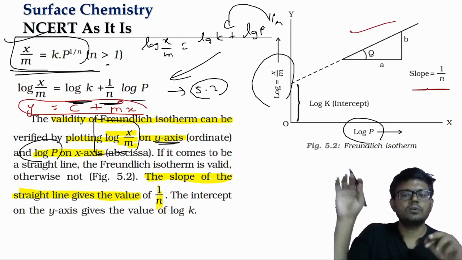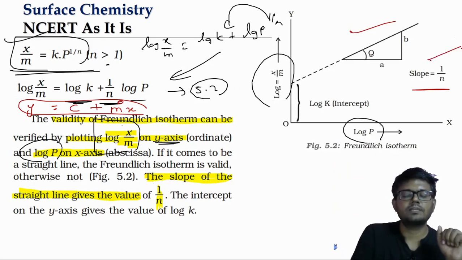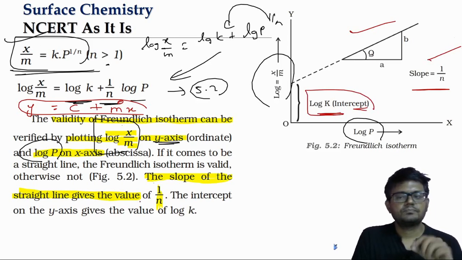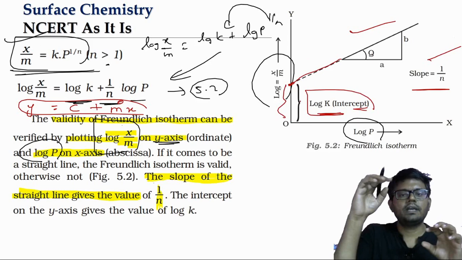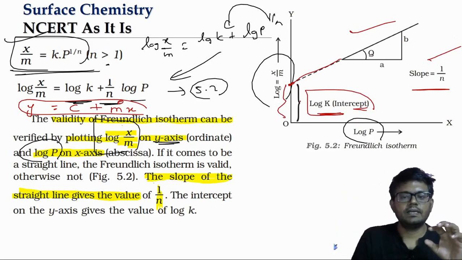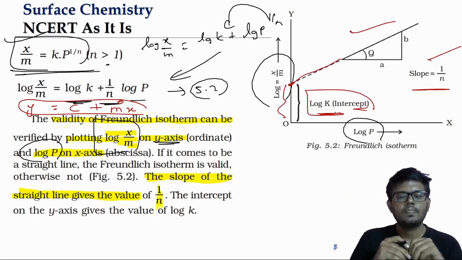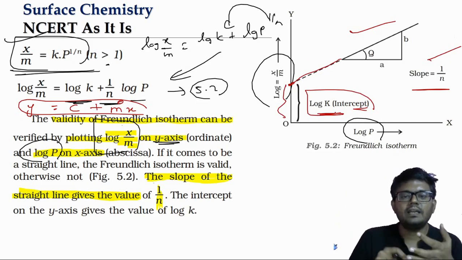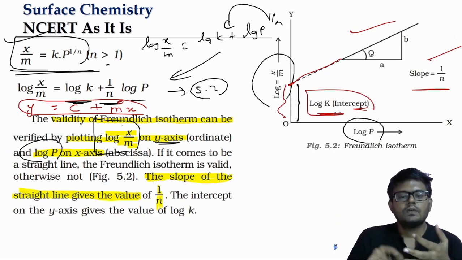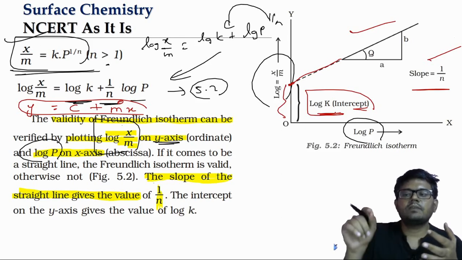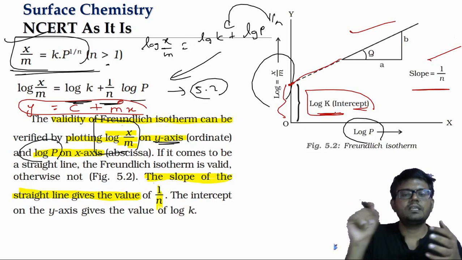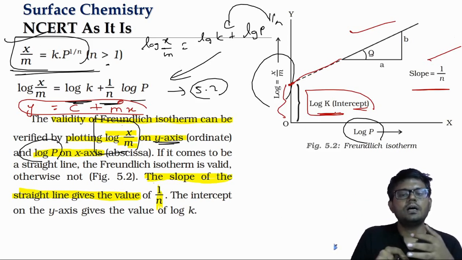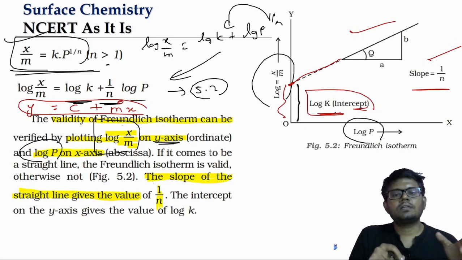If this is fitting into a straight line equation, the slope of the straight line is 1 by n. And what is the y-intercept? The y-intercept means the distance to the point where the line is touching the y-axis. The y-intercept will be log K. So if you want to validate the Freundlich isotherm, we can validate it by checking whether it is fitting in the form of a straight line or not. If it is fitting in the form of a straight line, then the Freundlich adsorption isotherm is validated.